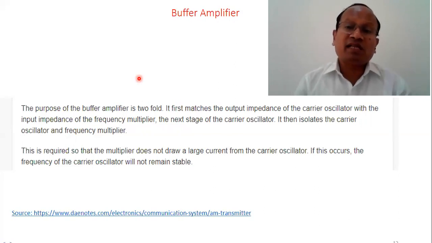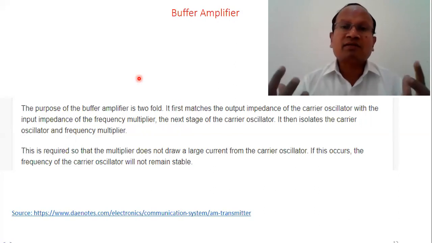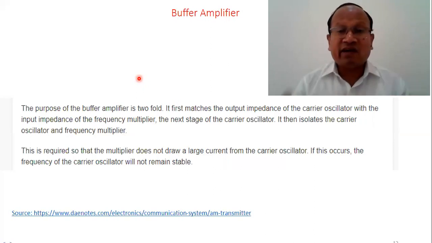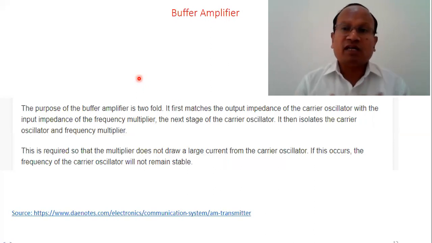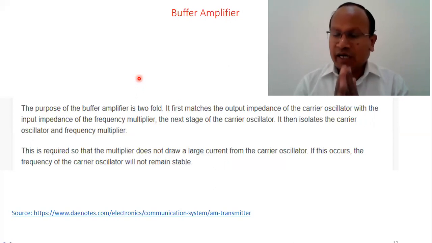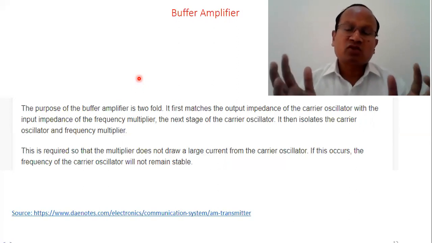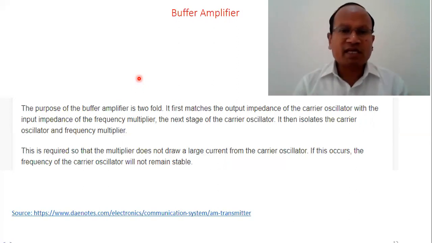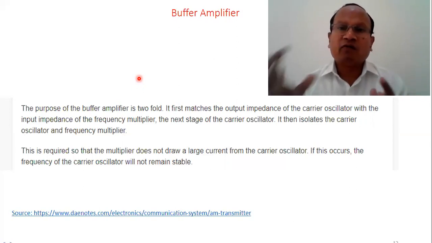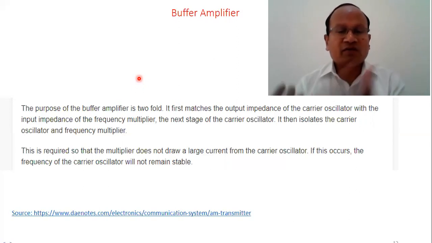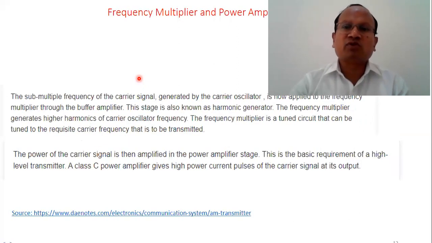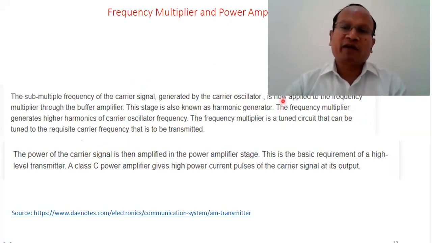That will damage it and adversely affect the stability of the device. In order to address that problem, the buffer amplifier provides impedance matching as well as isolation. So there is no overloading effect of one device on the other, or vice versa. That is the purpose of using the buffer amplifier.